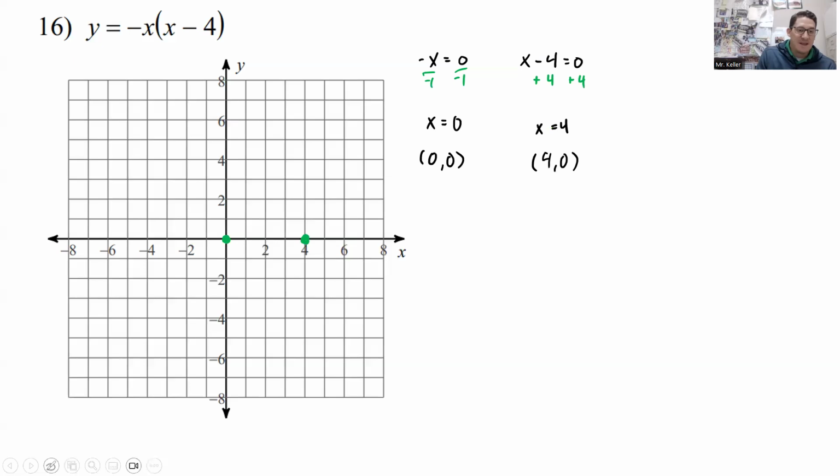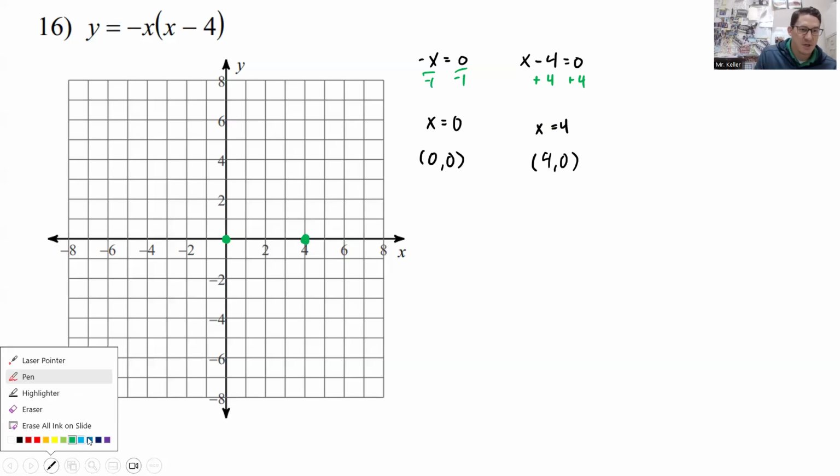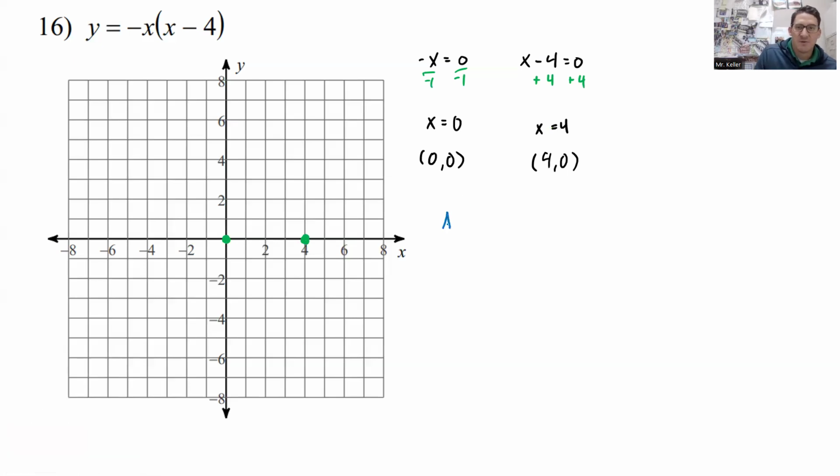And then the axis of symmetry is going to be right in between the two. So the axis of symmetry is between 0 and 4. That's going to be right here. So that's going to be x equals 2 for the axis of symmetry.